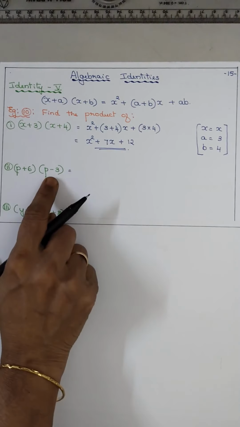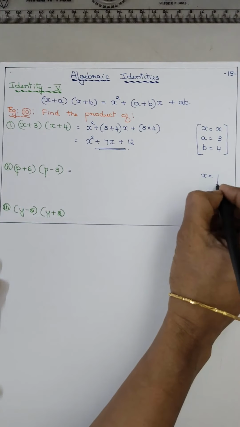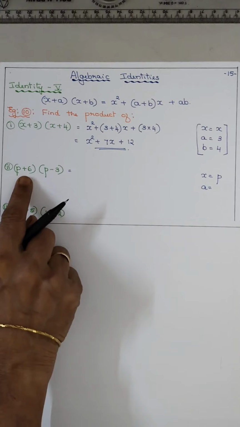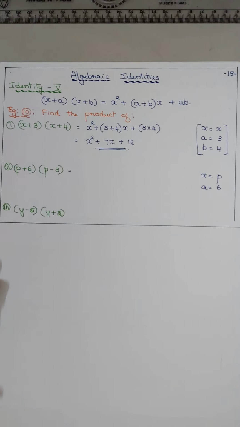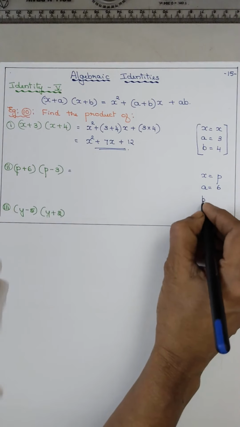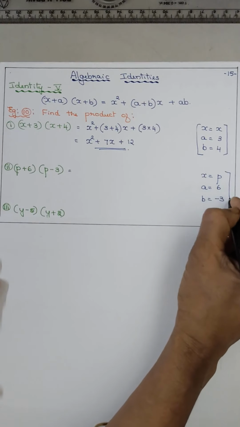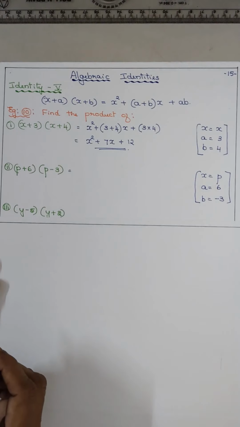Now coming to the second question. Here there is minus. So how will you write? X is equal to, first term is p. A is equal to, second term of the first expression is 6 plus 6. So no need of putting the sign plus. But b is equal to minus 3. So if the sign is minus, you have to take it into account. Okay.